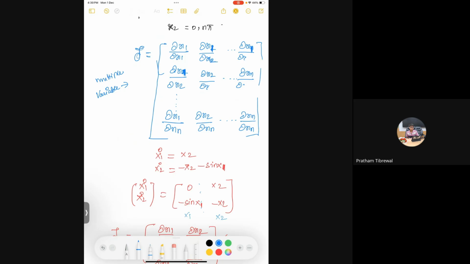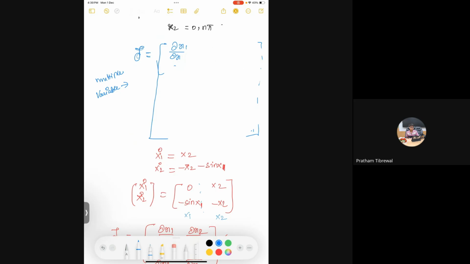The numerator will be constant for all the columns.